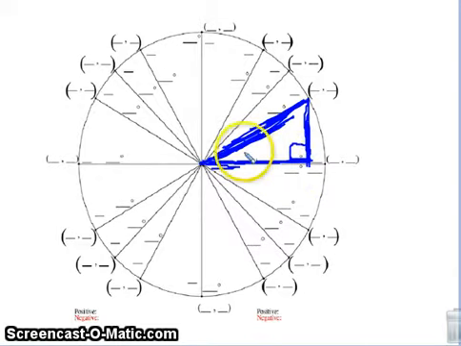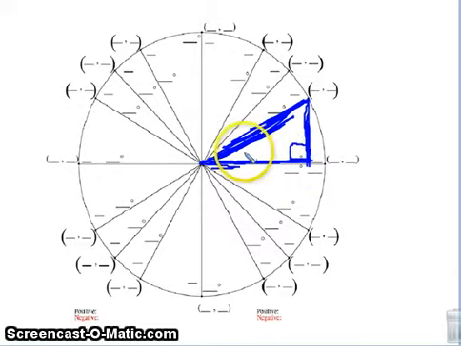There is a square root of 3. It is 1, square root of 3, 2. But what is my hypotenuse in this triangle? 1. So how can 2 turn into 1? Divide by 2 or multiply by 1/2.